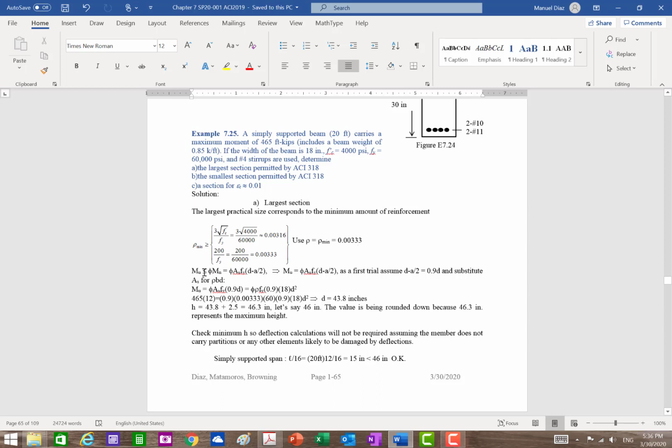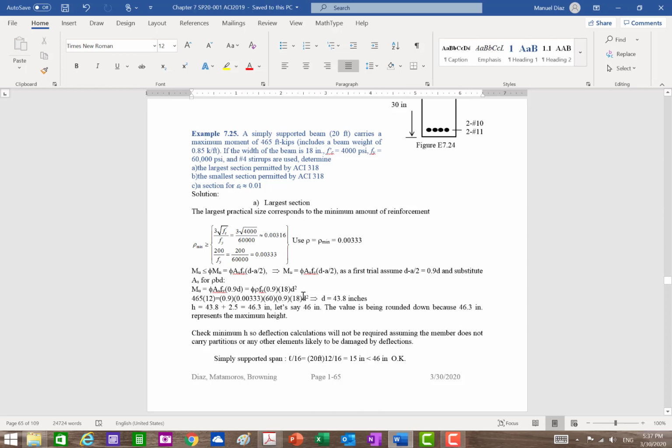Then you take your regular inequality, and in your design strength you replace the parentheses by 0.9 d, and you also substitute the As by rho b d, and that changes your equation to look like this. Now the good thing here is that because b is given, remember I said there will be a solution for a given b. If you change the b, you get a different solution.